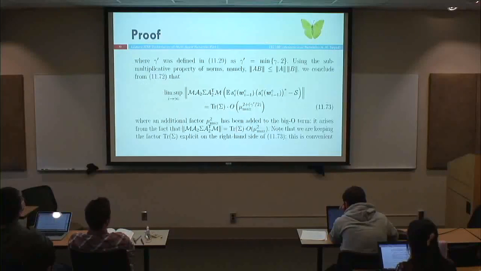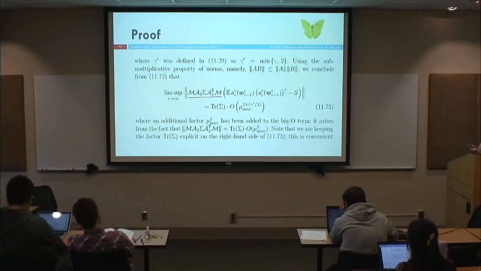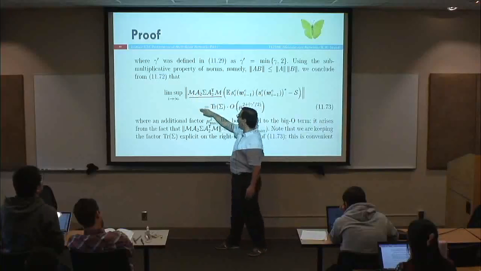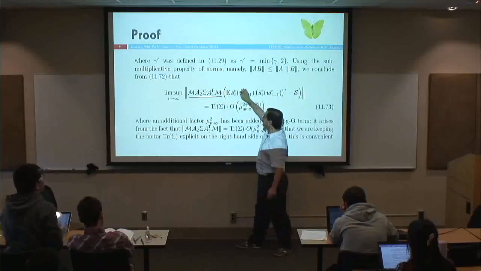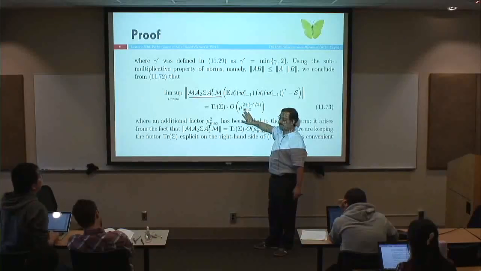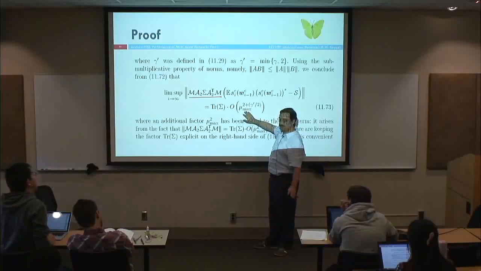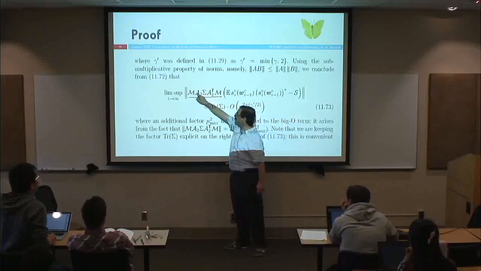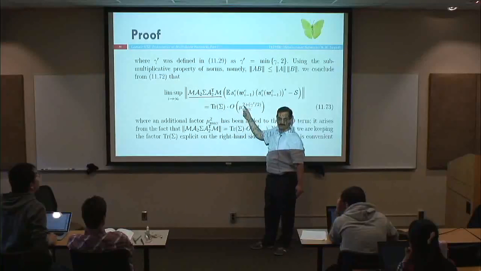That's all I did. Because the norm of this is upper bounded by the norm of this times the norm of that, correct? The norm of this we already know. This is how big it is: mu gamma prime over 2. The norm of this adds mu squared. That's where the 2 comes from.